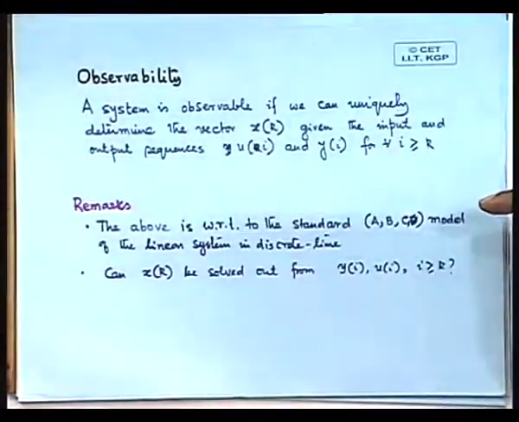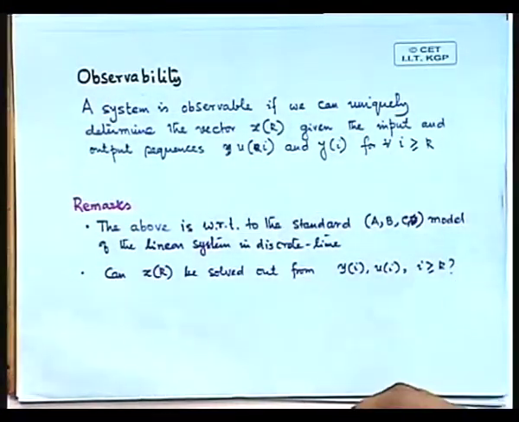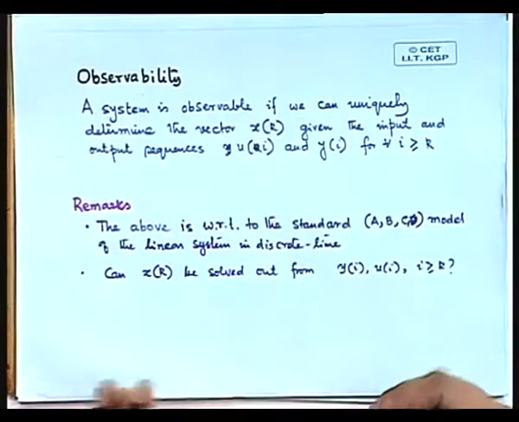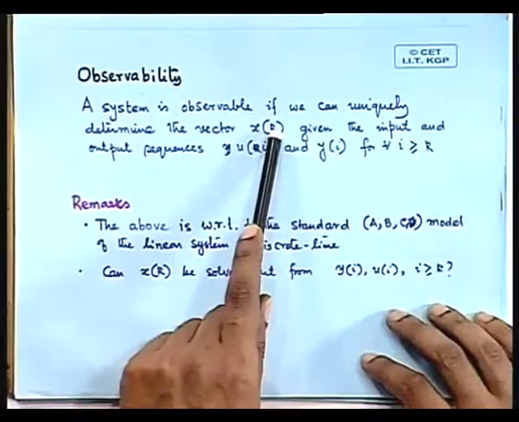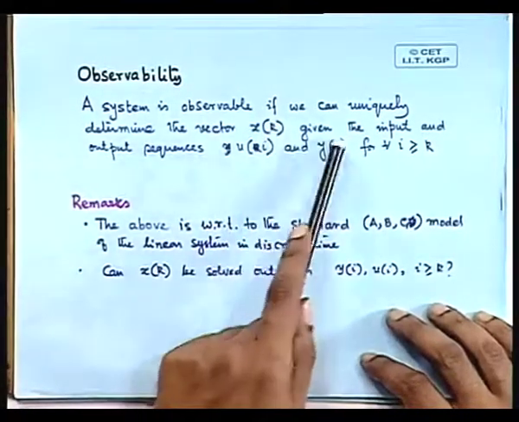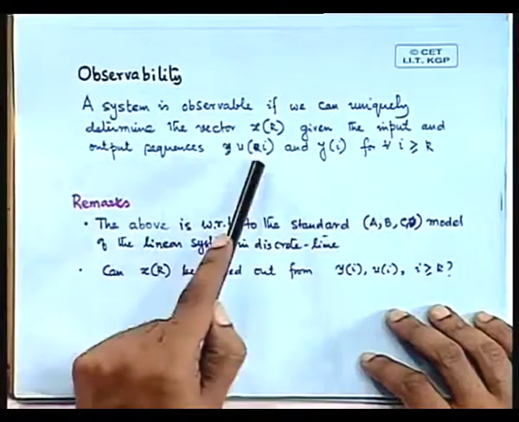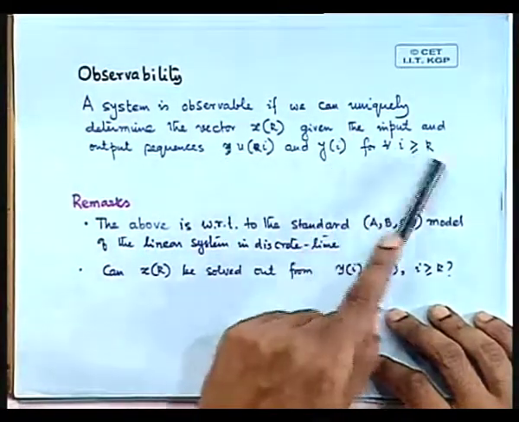Okay. So the question is, when can we even hope to solve this problem? That is given by what is known as the condition of observability. A system is said to be observable if we can uniquely determine the vector xk at time k given the input and the output sequences ui and yi for all i greater than k.